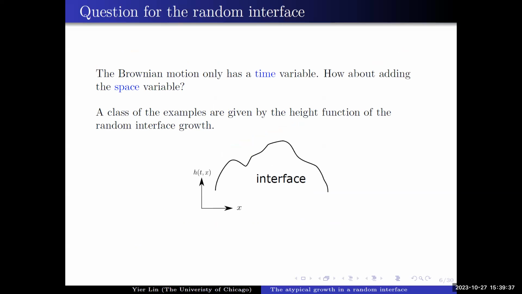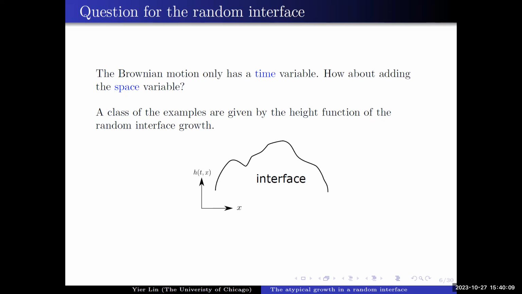We want to understand some process that not only has a time variable, but also a space variable. The class of examples is given by random interface growth models, and the space-time process is given by the height function of it. The background is that I have some interface that is growing, so there's a time variable, and the interface has a space variable, so I'm measuring the height at different locations.